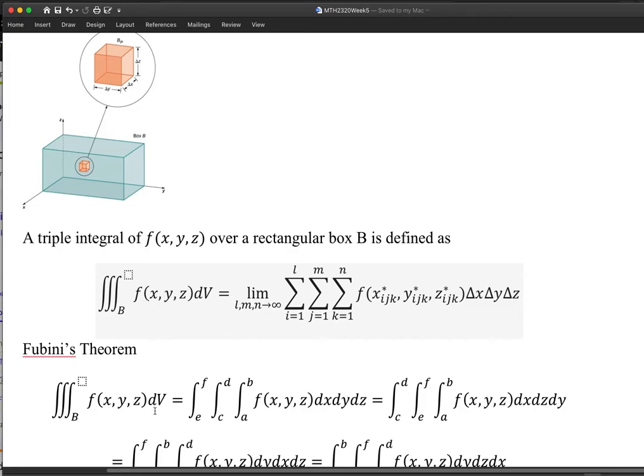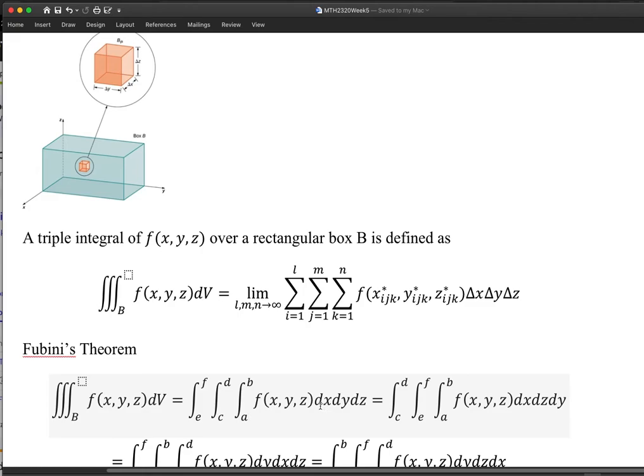Fubini's theorem says that to evaluate this triple integral, you consider dx, dy, dz in this fashion. This is an iterated integral, in the order of x first, from a to b, then y from c to d, then z from e to f.